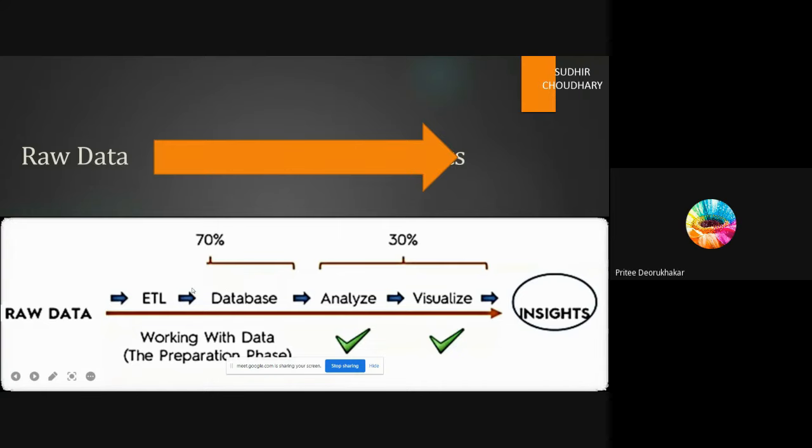But in small companies, you may be handling from this point to this point. So it is totally up to the company and its scope, how it works. Bigger companies have specific roles. For ETL, they must have a team which is only handling the ETL part. They will not have any idea of the analysis process, and the analysis team does not have any idea about the ETL as well as the visualization part.